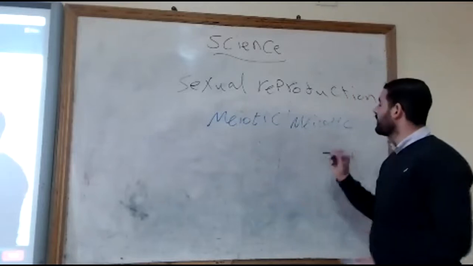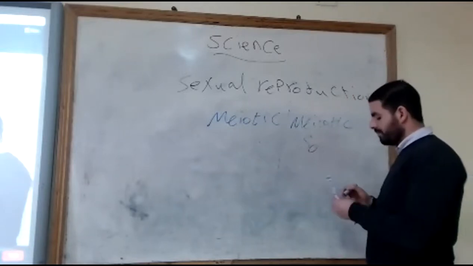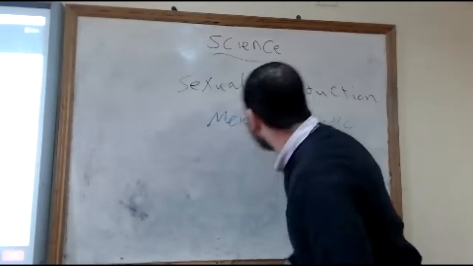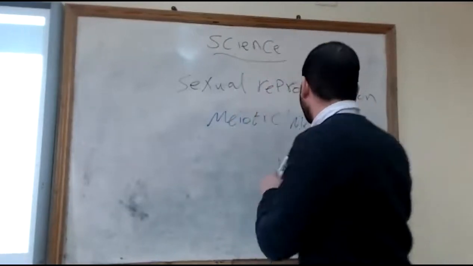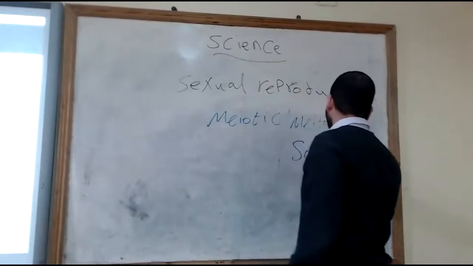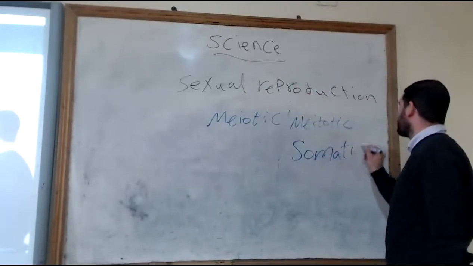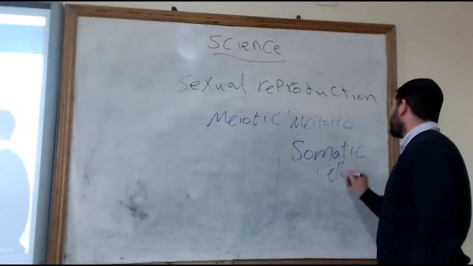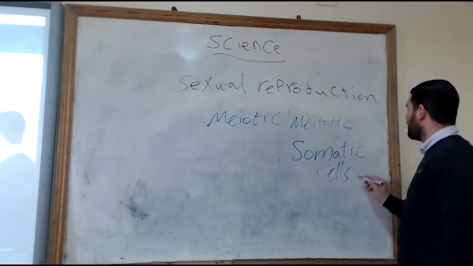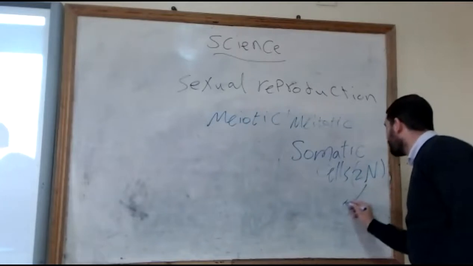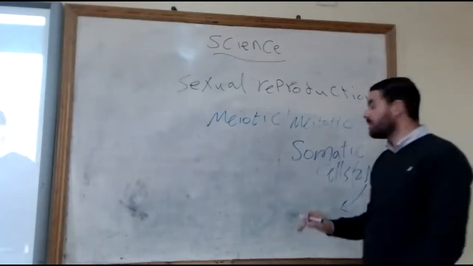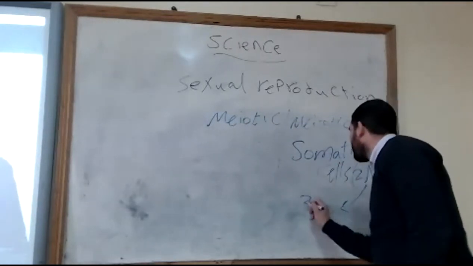Mitotic division occurs in somatic cells, which are the cells that have the complete genetic material 2n, and these cells reproduce to form new cells with the complete genetic material 2n.